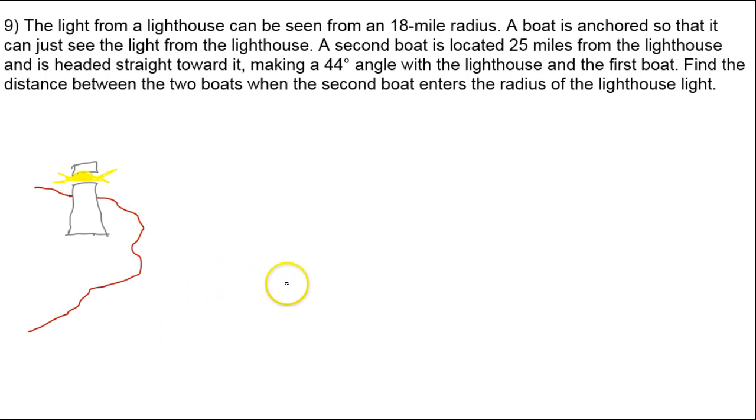Now we've got a boat that is anchored in such a way that it can just barely see the light from the lighthouse. So this boat, I'm going to put it right here. If it can just barely see the light from the lighthouse, it must be 18 miles away. Meanwhile, a second boat is 25 miles from the lighthouse.